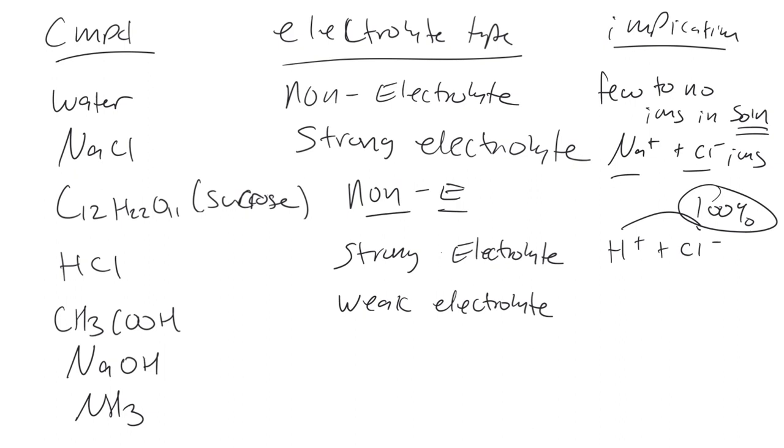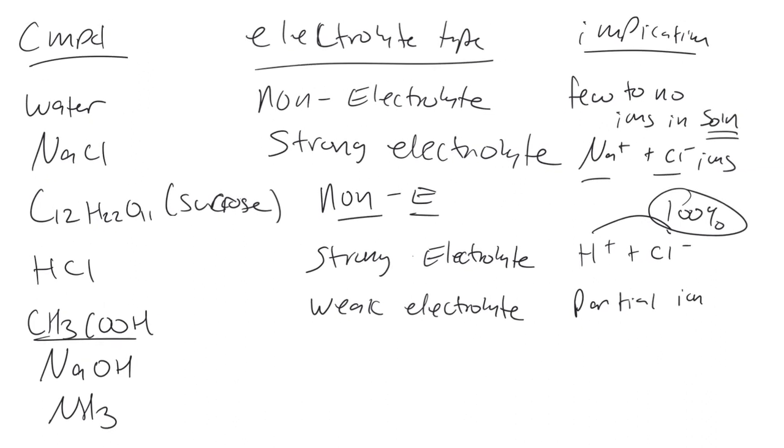But then for the acetic acid, we only got some ionization. So we must just be getting partial ionization. So we're getting some H+ and acetate ion.